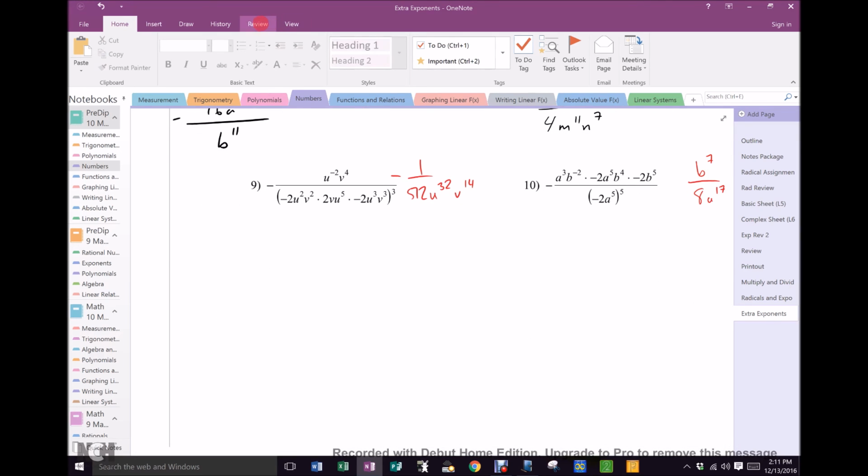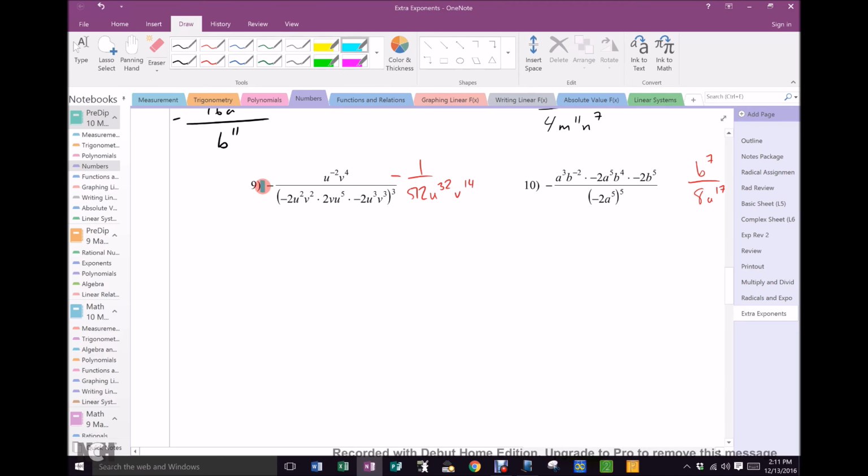Come down to here. We notice a couple of things about it. One, we notice the whole thing's negative, so we put a negative out in front. Then the top is in pretty good shape, so we don't do anything to it, but we've got to tidy up the bottom. Negative 2 times 2 is negative 4, times negative 2 is positive 8. So I have 8 on the bottom.